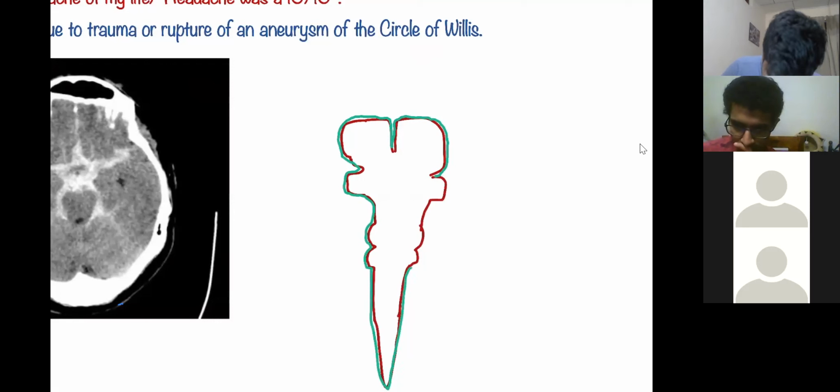Make sure when you draw the pia mater, you draw it hugging the brain. Dura loves the bone, pia loves the brain. Subarachnoid is the awkward one in the middle. Actually, it loves the dura mater.